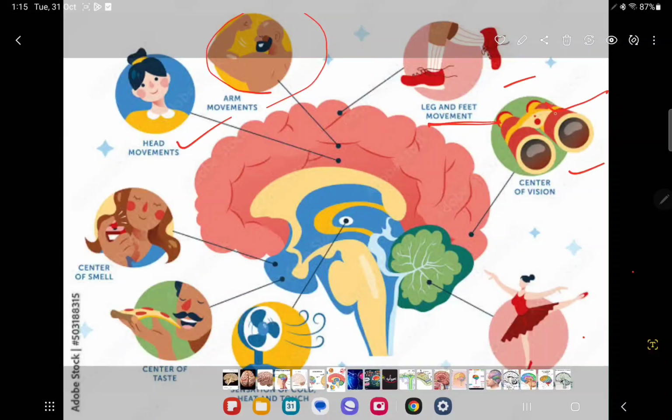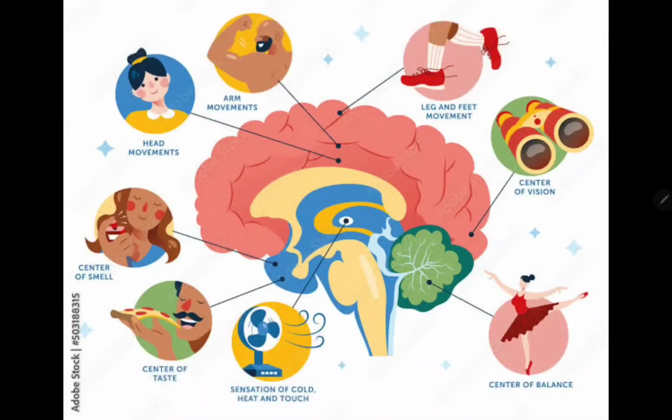These are the leg and feet movement. Here, arm movement. Here, center of taste, center of smell, head movement, dancing. So basically it controls all of these actions and also receives information and transfers this information to the spinal cord.